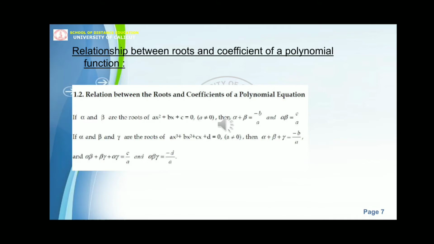Now, if alpha, beta and gamma are roots of a cubic polynomial a x cube plus b x square plus c x plus d equal to 0, then alpha plus beta plus gamma is equal to minus b by a, alpha into beta plus beta into gamma plus alpha into gamma is equal to c by a, and alpha into beta into gamma is equal to minus d by a.